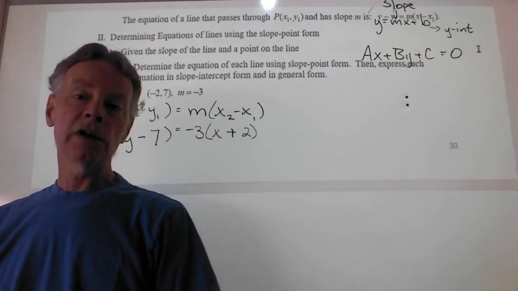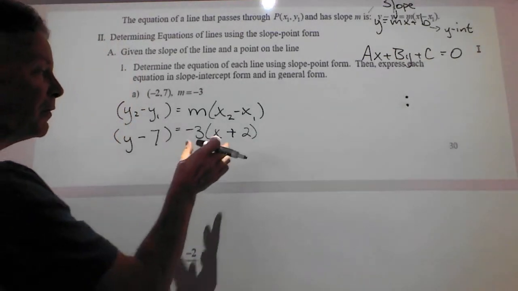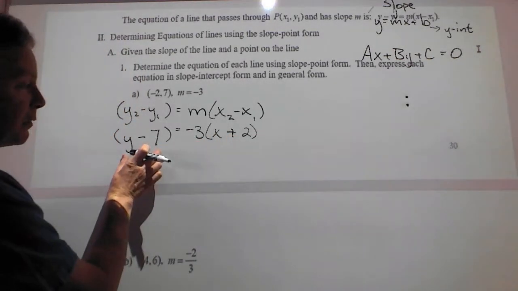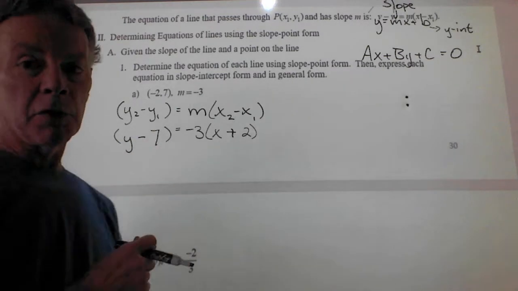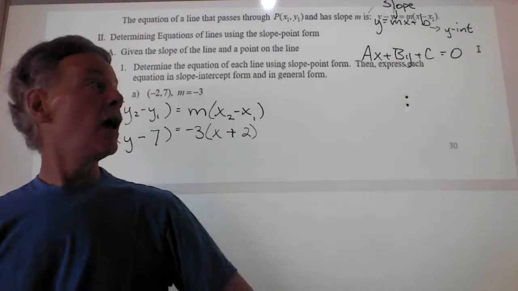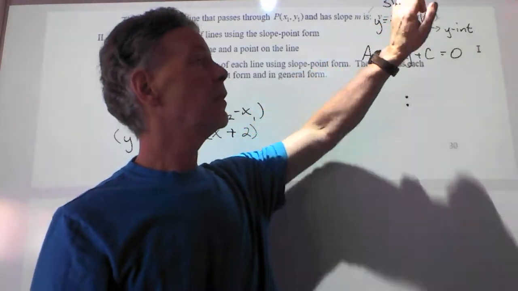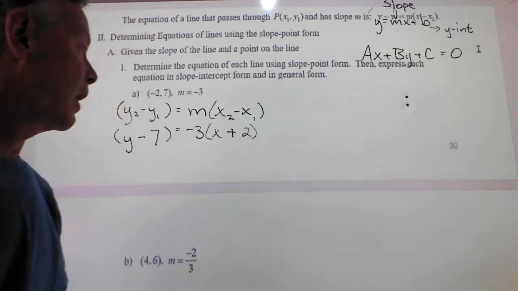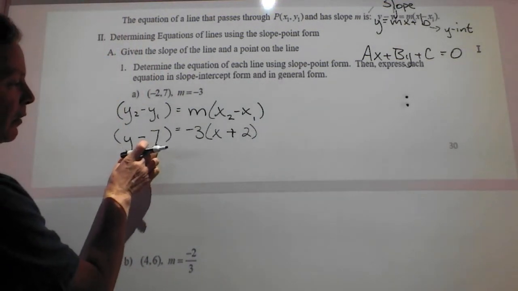To rearrange it into slope-intercept form, we simplify both sides as much as we can, and then we isolate y. Because remember, slope-intercept form has y all by itself on one side and everything else on the other side. So let's do that. So first let's simplify. Well, there's no simplifying that you can do on the left side.